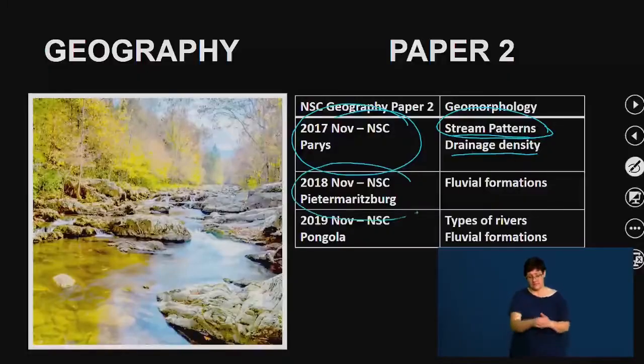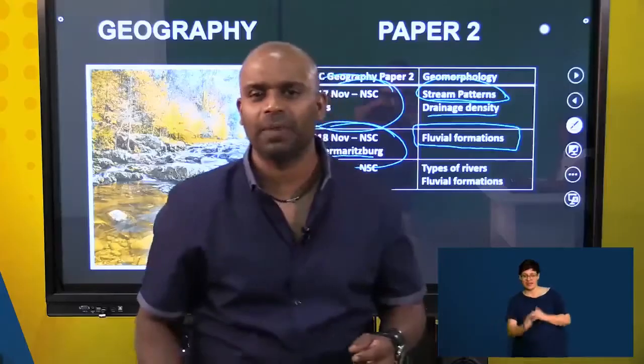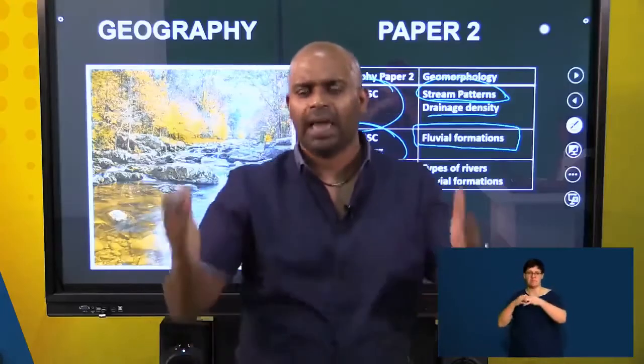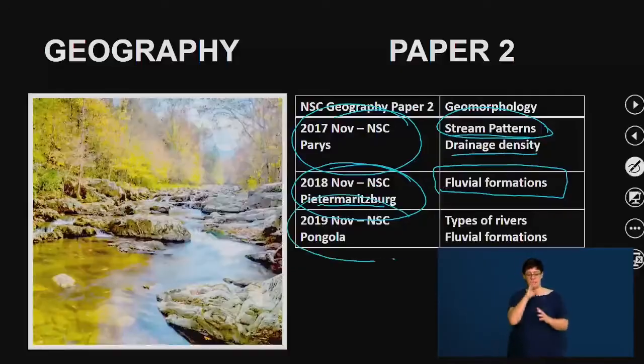Moving on to the 2018 Pietermaritzburg map, fluvial formations. And notice on your East Coast maps, or those maps in South Africa that lie to the east, lots of fluvial formations. So know them and be able to locate them on the map. In 2019 Pongola, we talked types of rivers as well as fluvial formations.